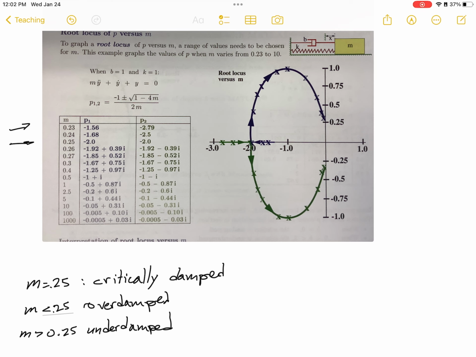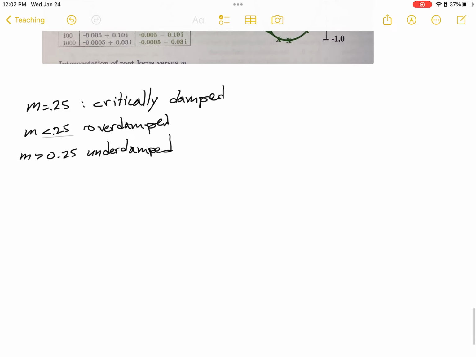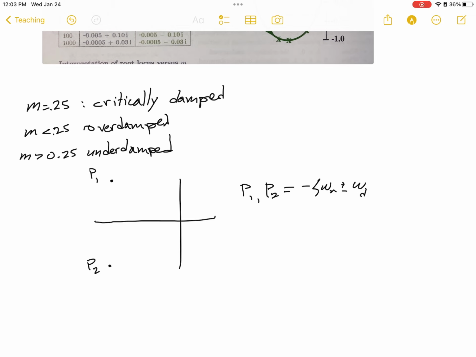And the position on the root locus of a given set of roots can tell you about the system. So I'll draw another root locus here. It's mostly in the left half plane. So if you have P1 and P2, we'll remember that P1, P2 is equal to minus zeta omega n plus or minus omega d times i.